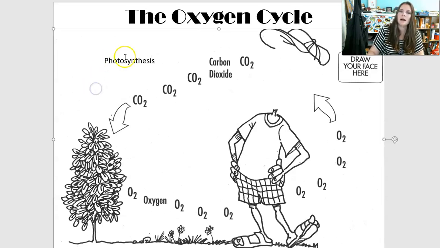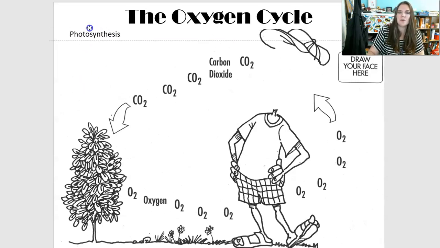We're going to talk some more about this, but photosynthesis is the process where plants use the carbon dioxide that we exhale. They take in oxygen and other gases as well, but the primary one that they take in is carbon dioxide, and they release oxygen, which is what we need to breathe in order to survive.